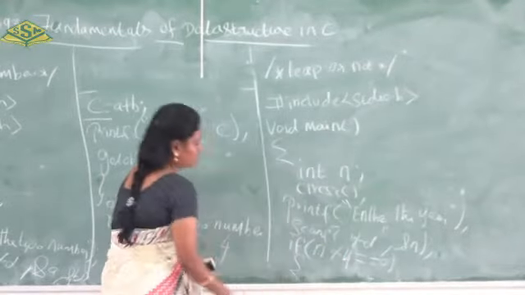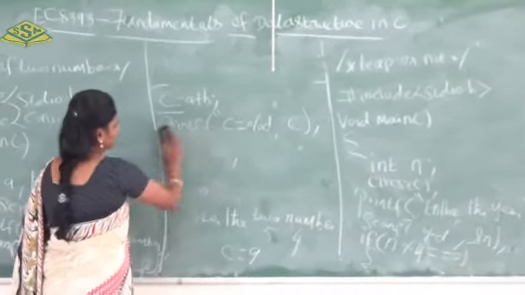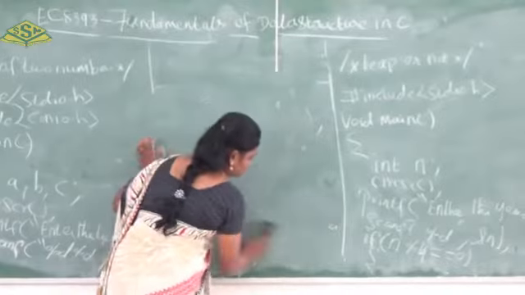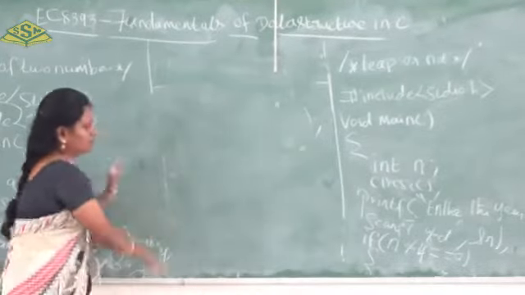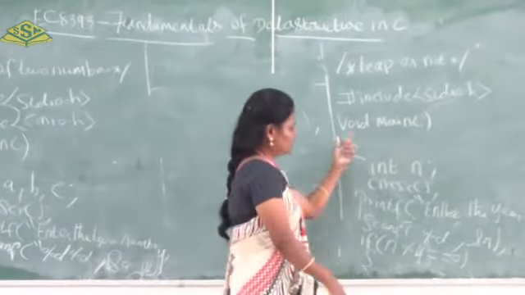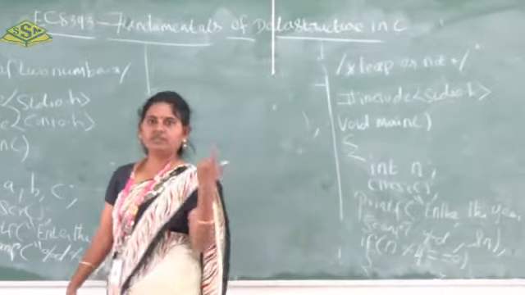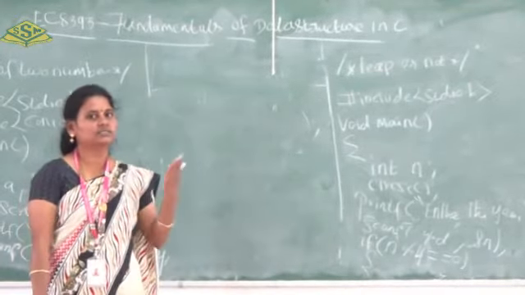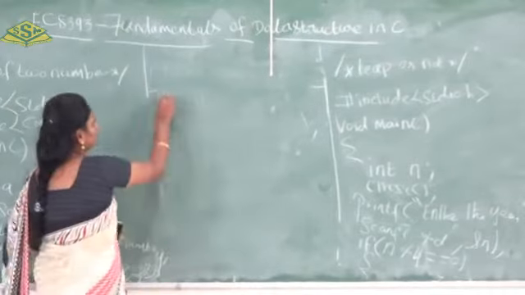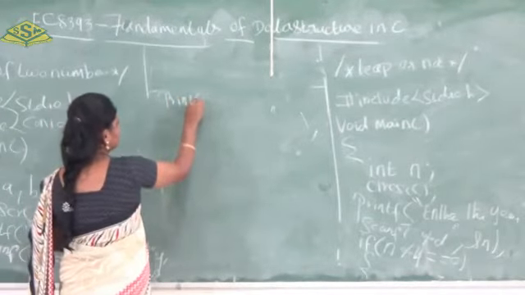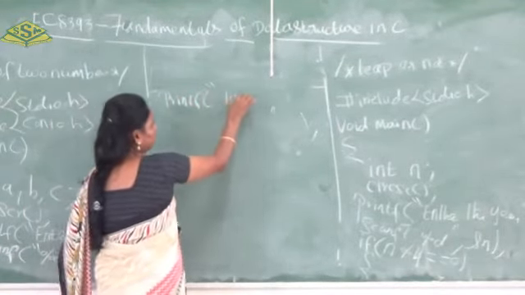Then we start with the curly brace. Leap year means the year should be divisible by 4. If the remainder is 0, we can say that the year is a leap year. So in the printf statement we give "leap year".